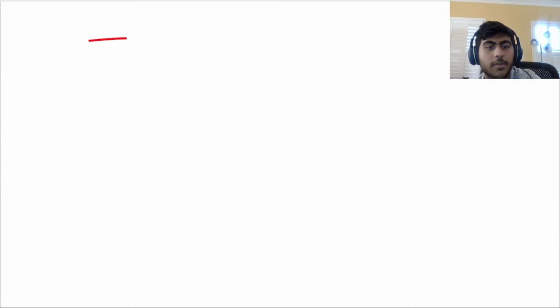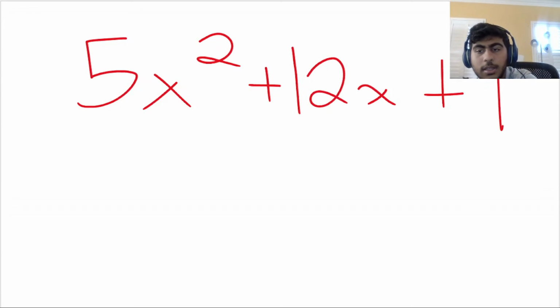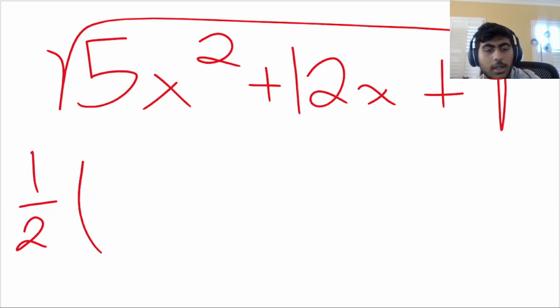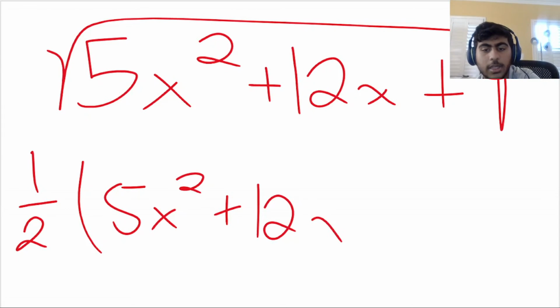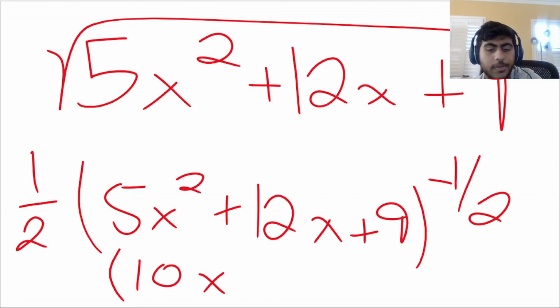So we end up with 5x squared plus 12x plus 9. And when you find the derivative of this, we end up with 1/2 times 5x squared plus 12x plus 9 to the negative 1/2 times the 10x plus 12.